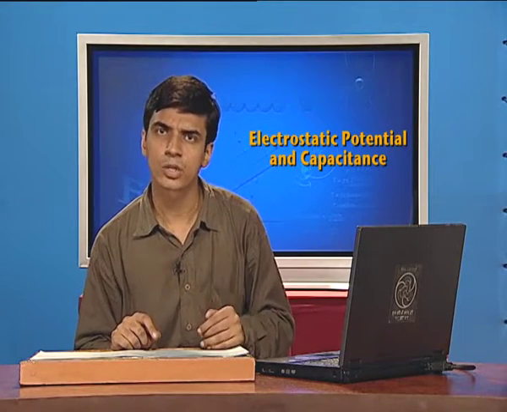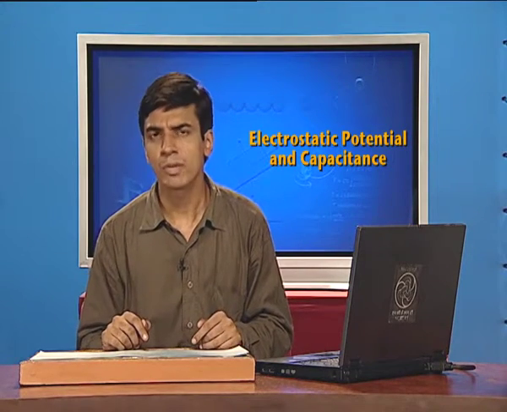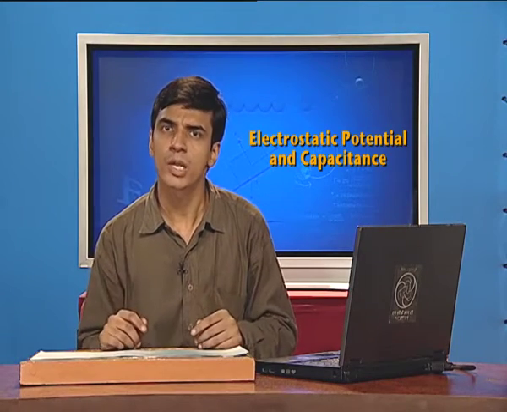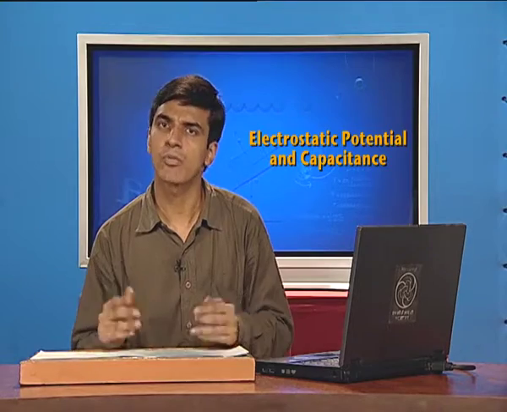In this episode, we shall be going quite deeper into this concept. We shall be discussing what the potential due to a positive charge is and how we can see the same effect in the case of a dipole.